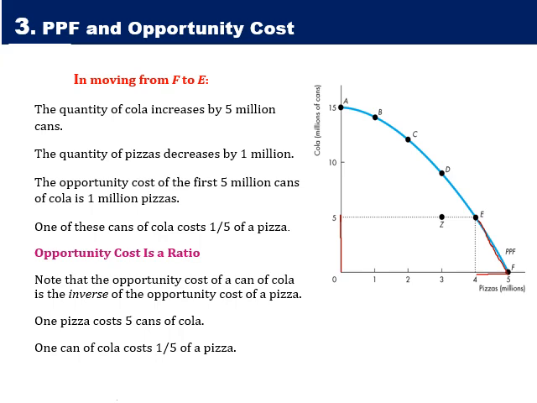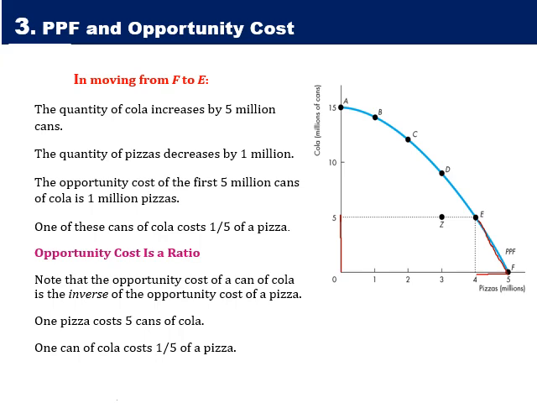So as we can see, the opportunity cost is the ratio that can be calculated as the decrease in the production of one good divided by the increase in the production of the other good as we move along the PPF.